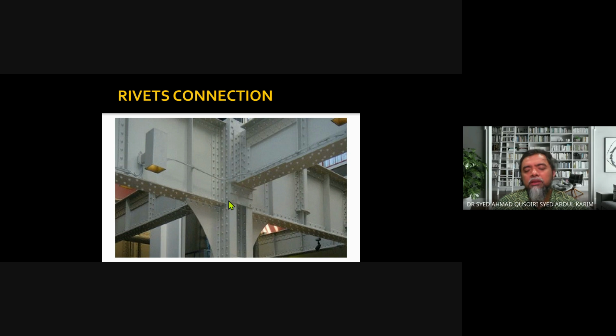So you can usually see this type of connections at old bridges, especially old train bridges. Laluan KTM yang masih menggunakan steel structure bridges, itu semua jambatan-jambatan lama yang masih kukuh sampai ke hari ini. Kebanyakannya menggunakan rivet connection.